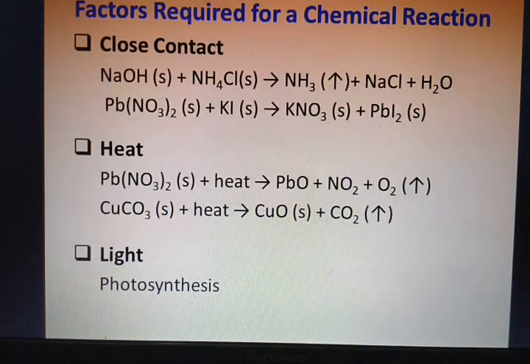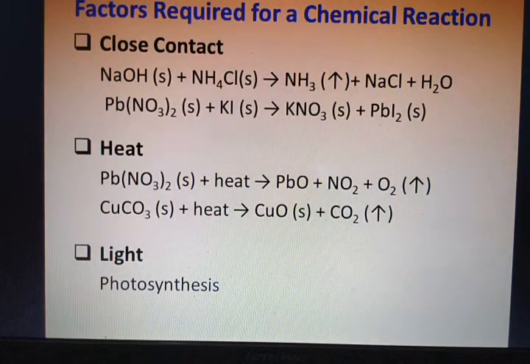And oxygen is a colorless gas. So when we heat lead nitrate, we get a yellow solid, a reddish brown gas, and a colorless gas. The colorless gas will not be visible, because the reddish brown gas is evolved and the colorless gas is invisible.